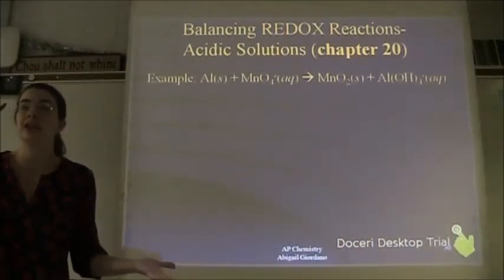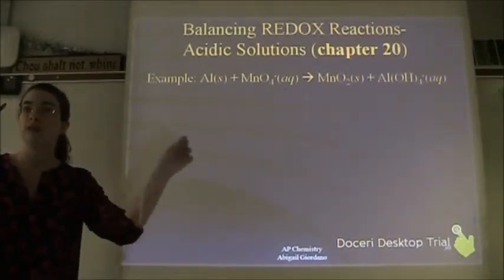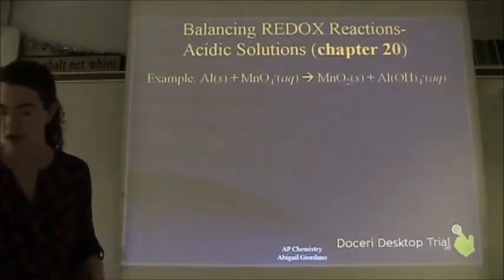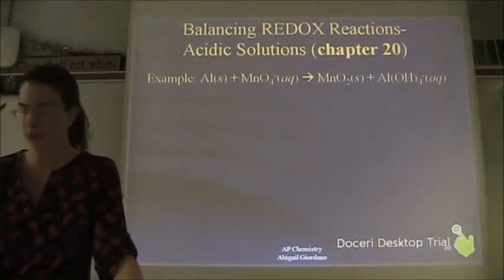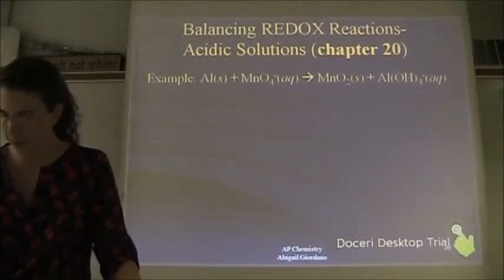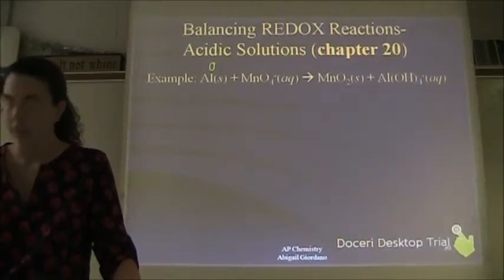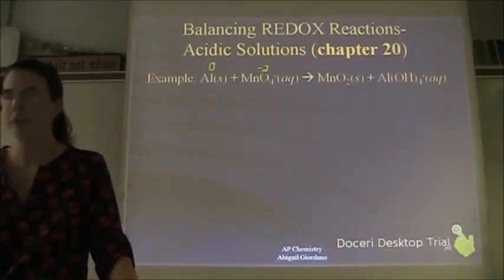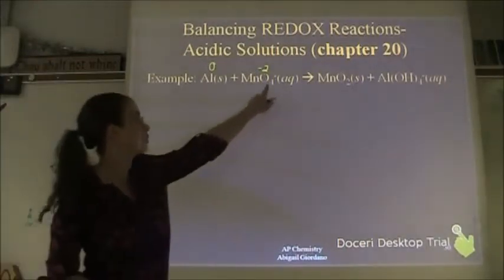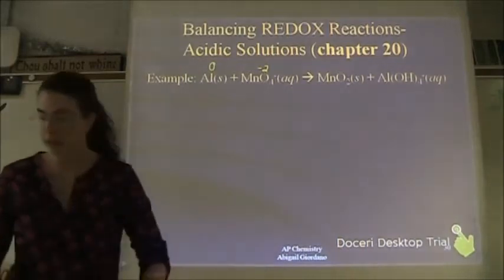What did we do on the last slide? Write the charges. Okay, so you guys tell me. Element by element. Aluminum, what do I got? 0. Okay. Manganese, maybe you don't know, but you do know oxygen. It's plus, careful, careful, there's a negative charge there. Plus 7.